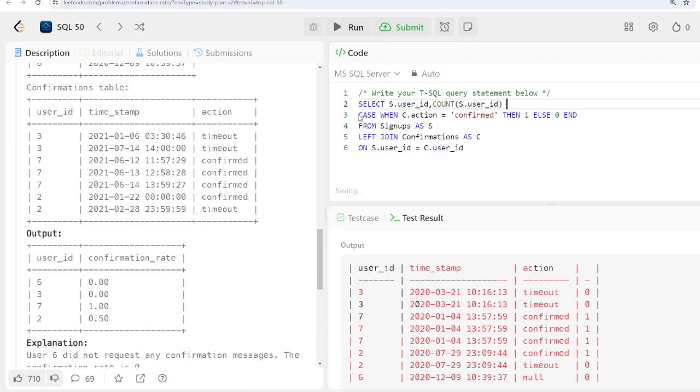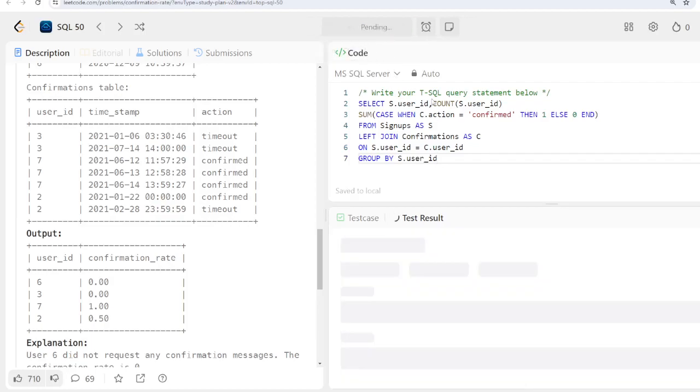And when I do the sum of this column, I will get the number of people whose action was confirmed, right? And when you are doing aggregation, the remaining column you have to use in the group by. So I have to say group by this. All right, and now let me run this.